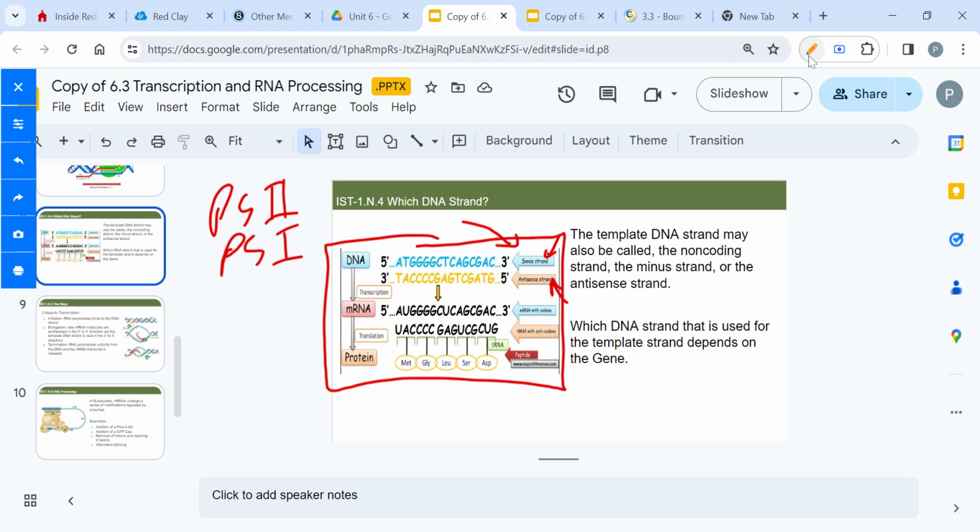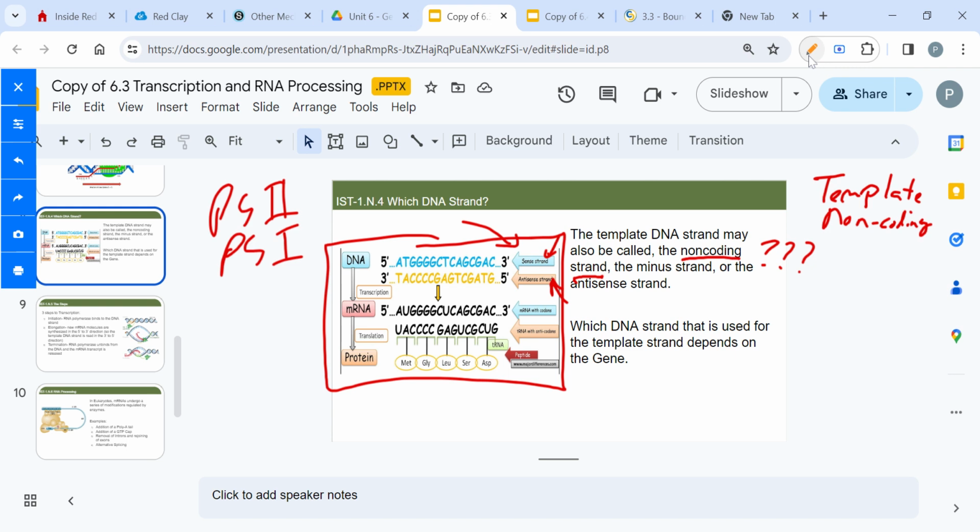Okay, hopefully you got this in there. Let's go describe it. The template DNA strand may also be called the non-coding strand. Wait a second, your template is non-coding, but you're using it to make the thing. This is as backwards as you can get, in my opinion, and this gets people confused. The template is also called the non-coding, because you're using the template to build the mRNA sequence.